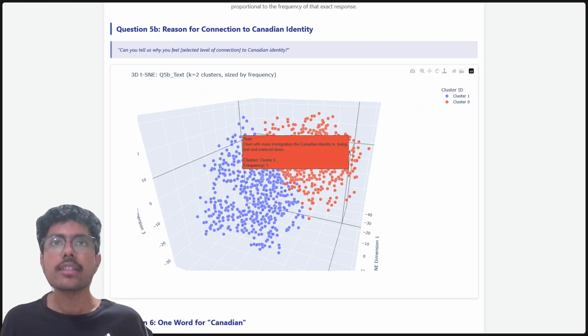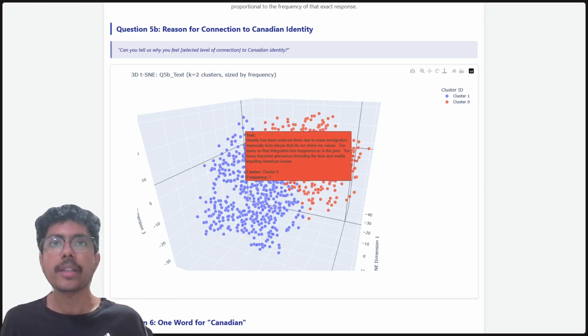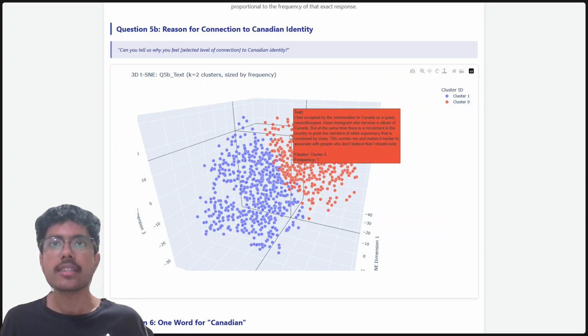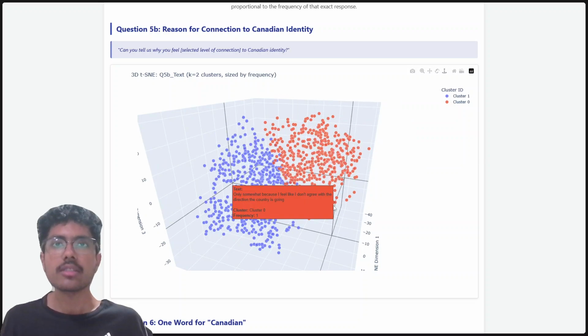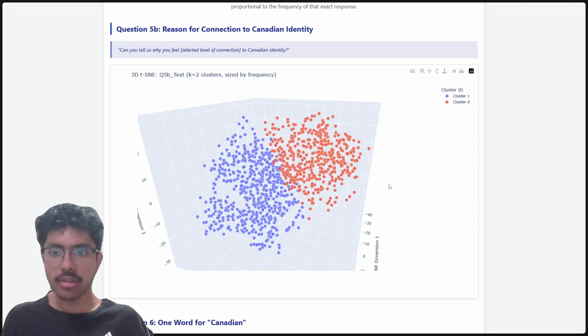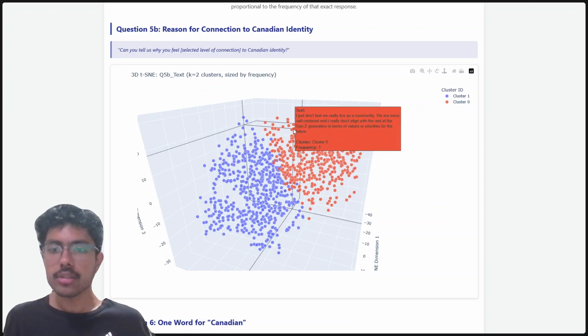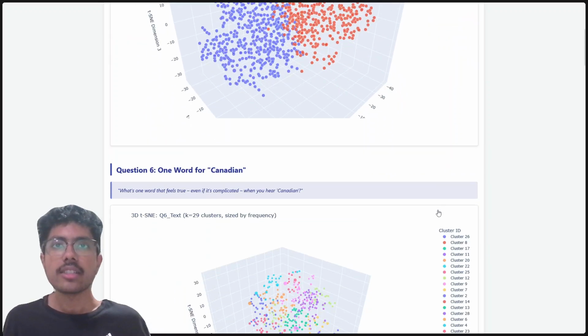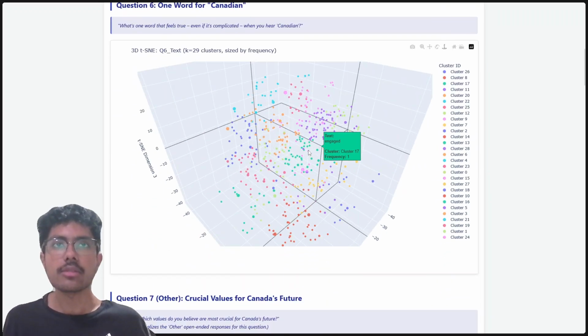And over here, there are some more critical opinions about Canada, more nuanced topics. So it breaks it down into different clusters and also into nearby points that are similar and related. And it's similar to other graphs as well.